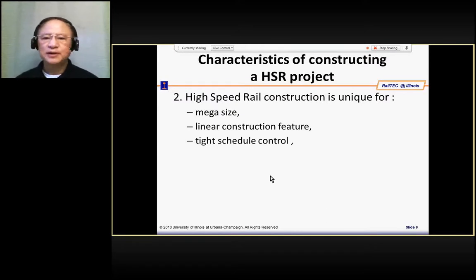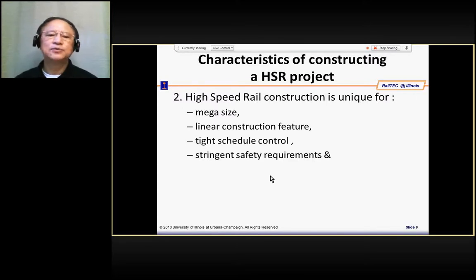For 100 billion, the interest will be $10 million per day. So with this kind of interest per day, the construction schedule has to be very well calculated and well managed. Every day is a lot of money. Schedule control is very important.